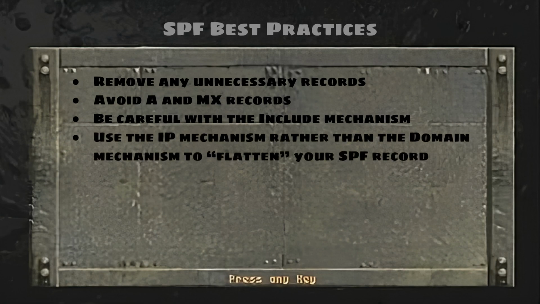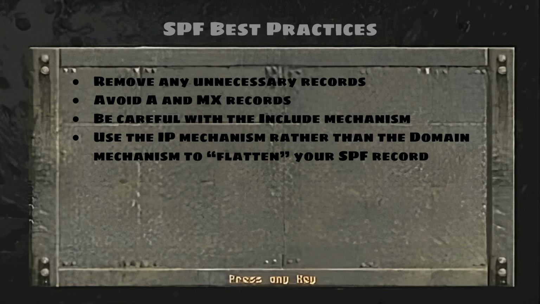You want to use the IP mechanism rather than the domain mechanism to flatten the SPF record. Now, the concept of flattening is very important when it comes to SPF because SPF will not do any more than 10 lookups. When a receiving server gets that email and starts looking up the DNS records, they will do 10 record lookups, and at number 11, they will stop.